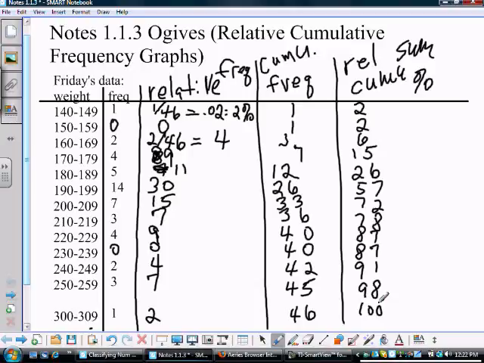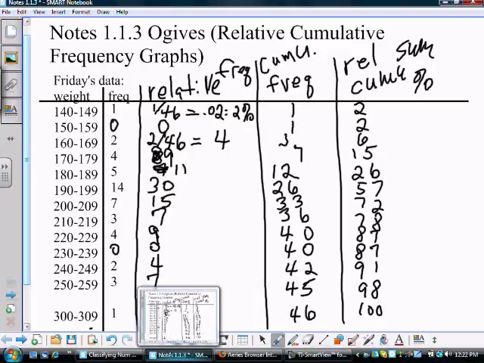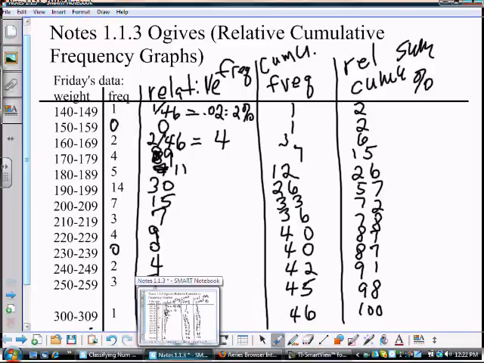Now I'm going to graph these relative cumulative sums, and that's going to be my ogive. Okay, does anybody have these relative cumulative sums written down so that if I ask you for them for our graph you'll be able to give them to me? Okay. All right, so are we caught up?